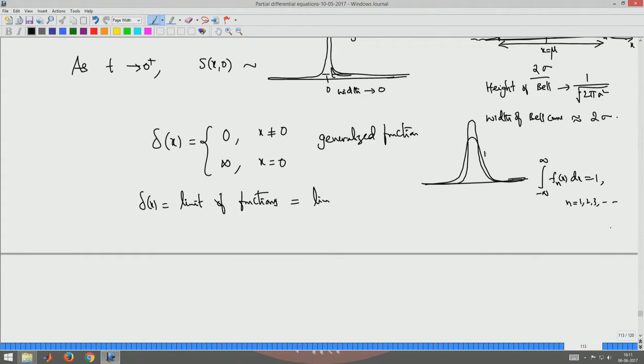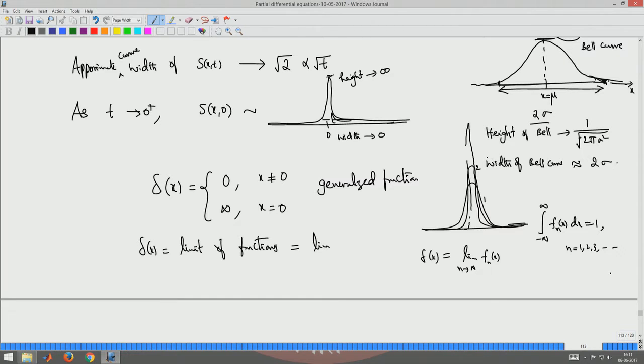This is my 1, this is my 2, and 3 and so on will go on. Finally you end up with some infinite thing, a very steep peak. The limit of the usual functions as n goes to infinity is my delta function. That is the generalized function.